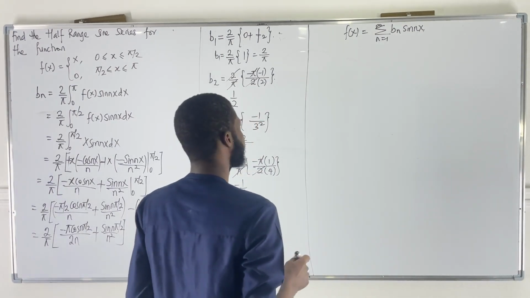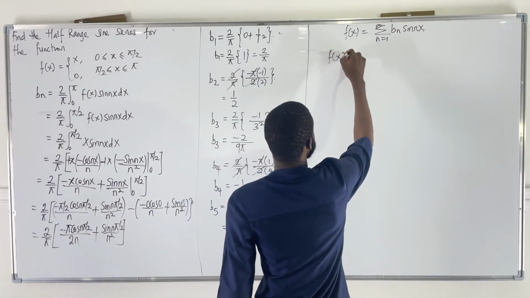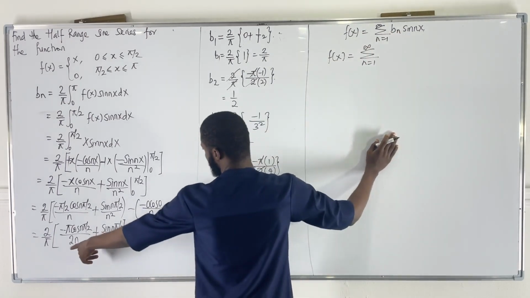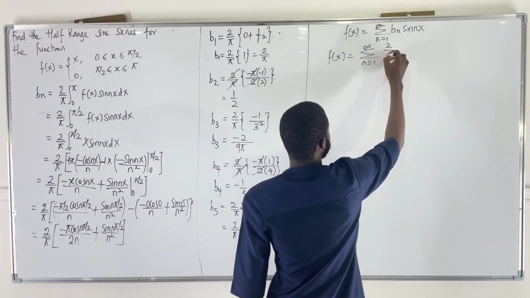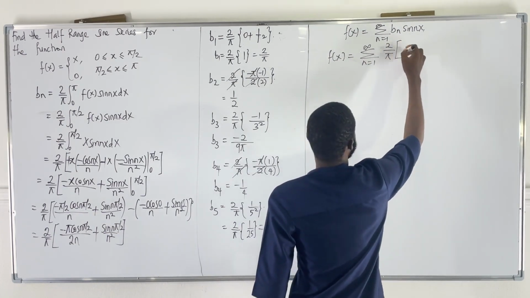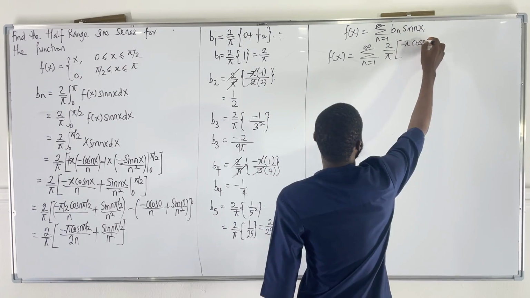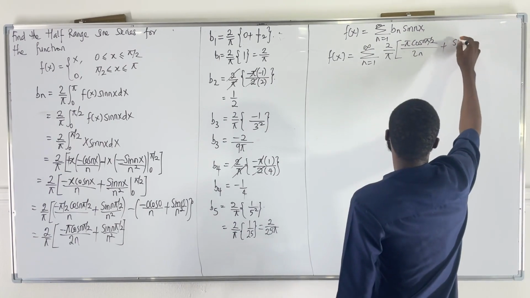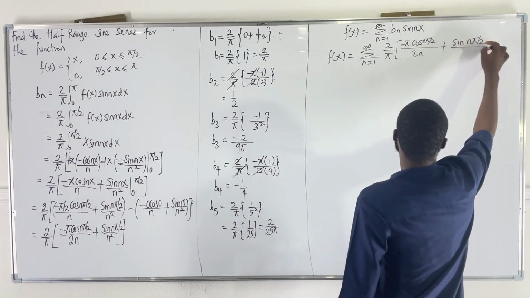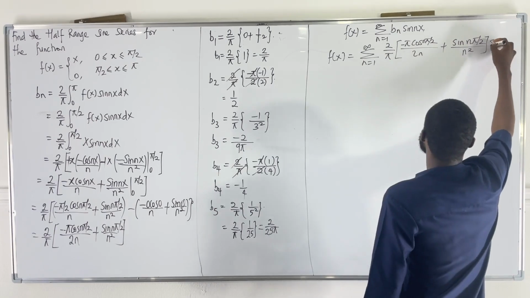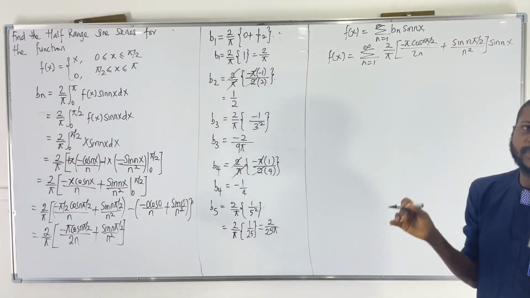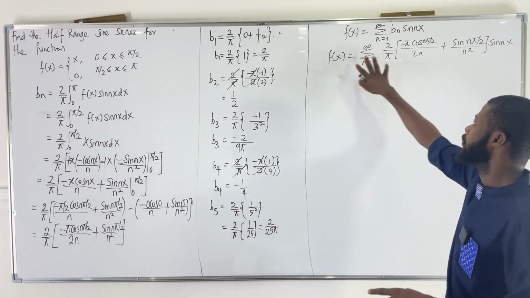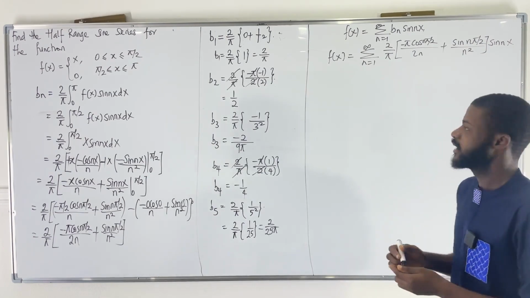Now, b sub n is this weird guy: 2 over pi into minus pi cos n pi over 2 over 2n plus sine n pi over 2 over n squared, and then sine nx. This is how you're going to represent it in terms of the summation. But that's looking very bulky.